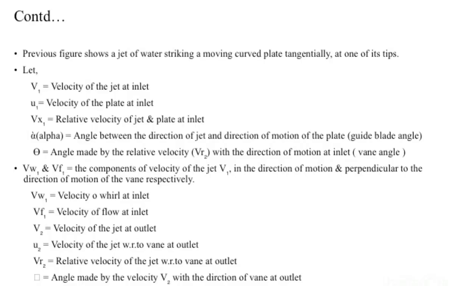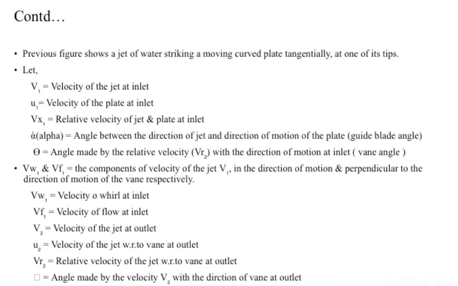In the next slide the description of the figure is given. Here the jet is striking at a tangential point at one of its tips. At that tip we have velocity v1, that is the velocity of the jet at inlet, small u1, the velocity of the plate at inlet, and vr1, the relative velocity of jet and plate at inlet.